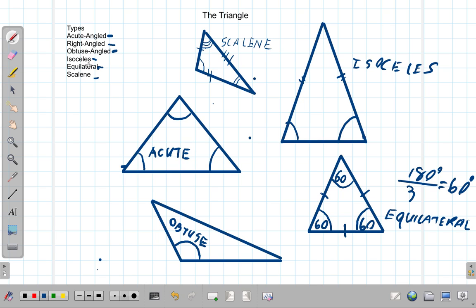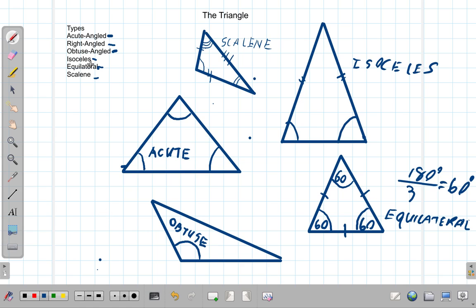Alright, so we have 6 different types of triangle here. Acute angles, where all the angles are less than 90. The right angle triangle, where one of the angles is equal to 90 degrees. Obtuse angle triangle, where one of the angles is greater than 90 degrees.